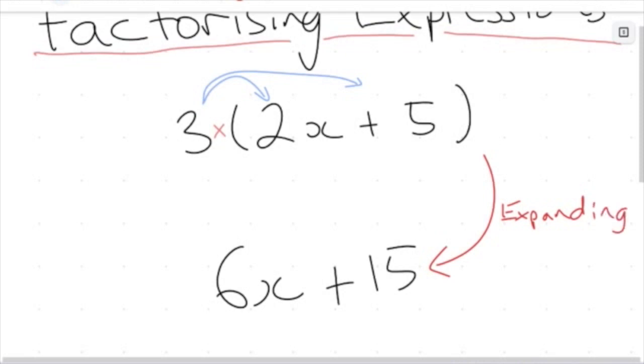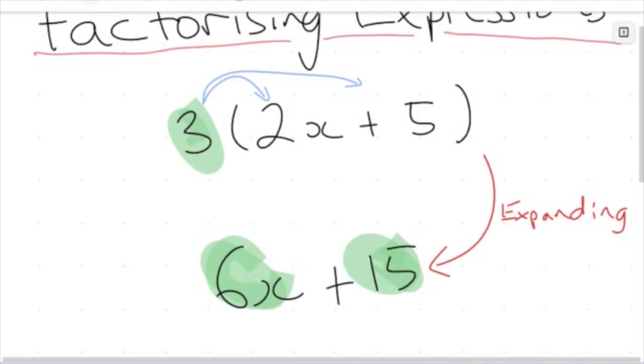Now, before we talk about factorizing, I want to just get you guys thinking about something in particular. How does this 3 relate to both 6x and 15? There is something that both of these numbers have in common with 3.